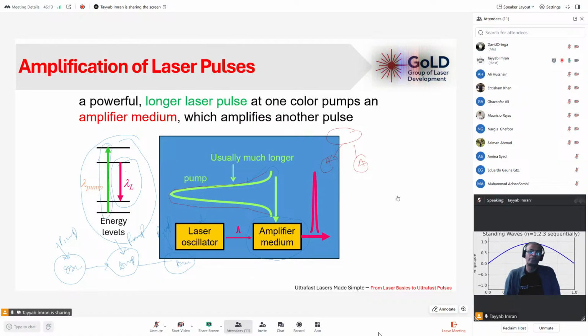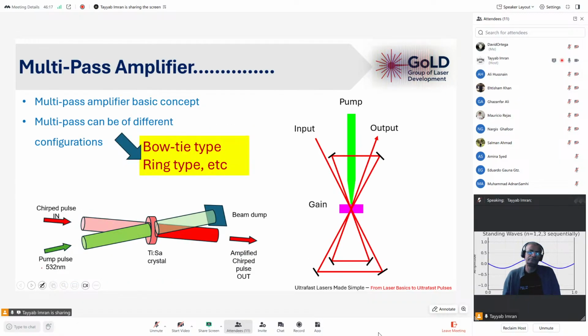Okay, so move further. What do you see here? There are different kinds of amplifier configurations that can be used in the ultrafast laser.